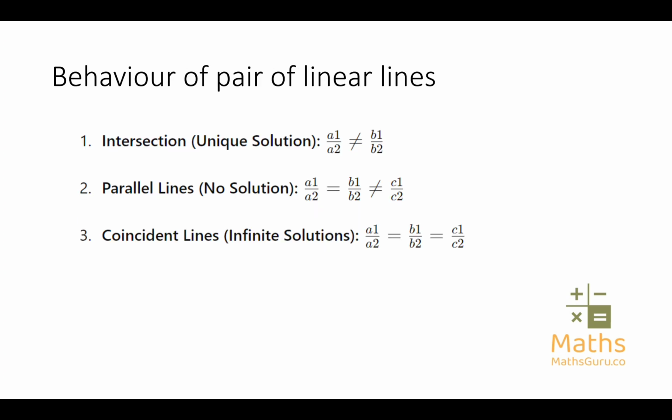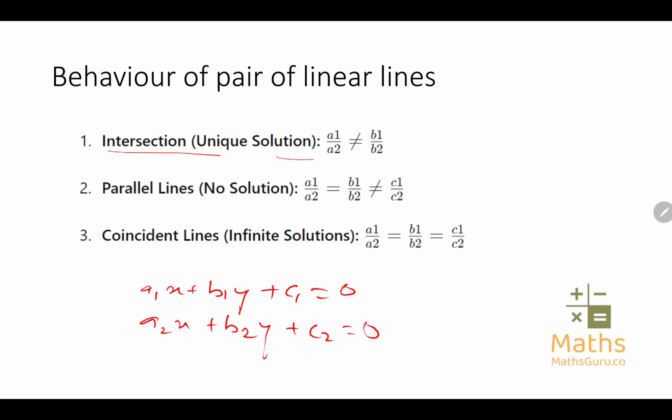For equations a1x plus b1y plus c1 equals 0 and a2x plus b2y plus c2 equals 0, the lines intersect when a1 by a2 is not equal to b1 by b2. Only if this condition is satisfied will the lines intersect.